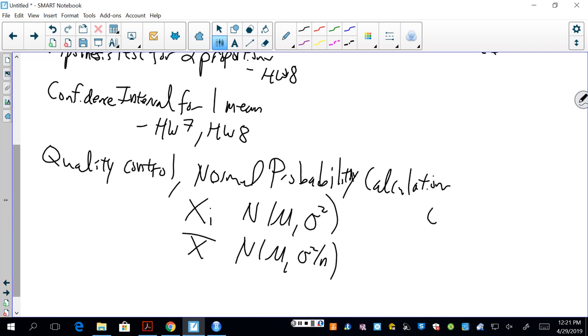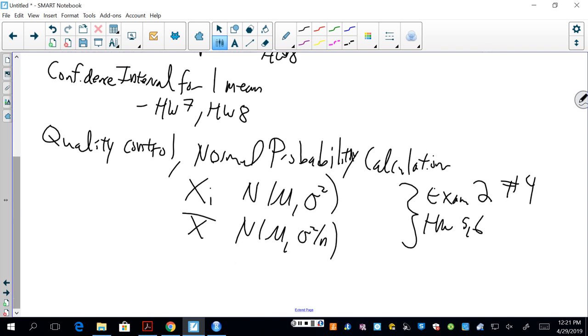On exam 2, there was a problem, exam 2, number 4. There were a couple things on homeworks 5 and 6 that did some calculations with the normal, calculating normal tail areas or normal probabilities. What's the chance that a value of x_i or of x bar is less than some cutoff value?